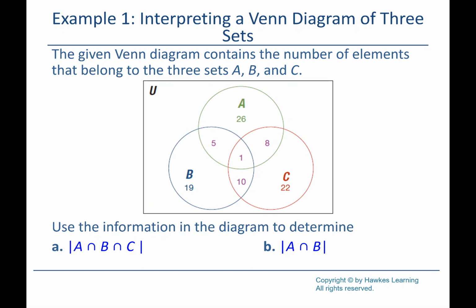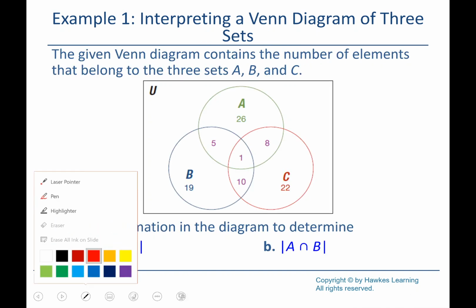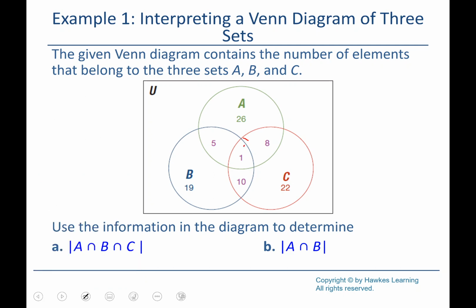So we add them together. So 5 plus 1, we end up with 6 elements there. Because A intersect B, just in case I'm not being clear, is like, well, let's see. There, right. Okay.